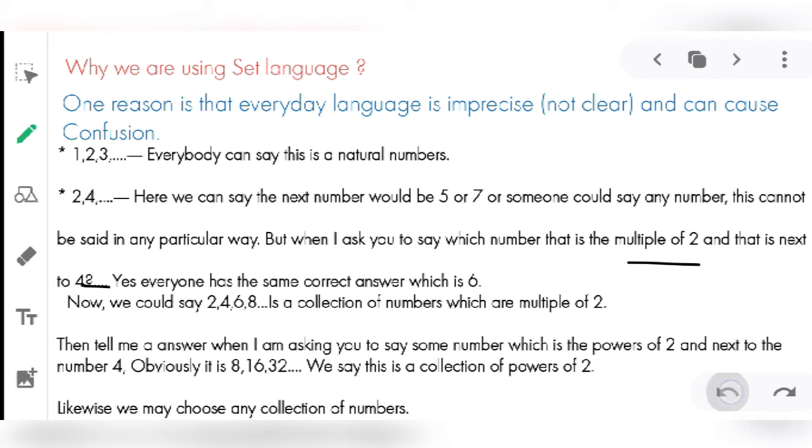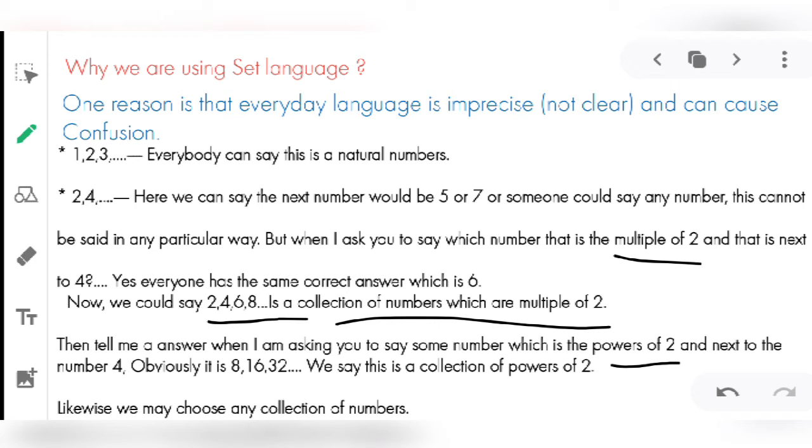So likewise we can explain shortly as multiples of 2 or powers of 2 in a set. For example, if you are asked to make a collection of numbers which are multiples of 2, we can say like this: 2, 4, 6, 8, etc. are the collection of numbers which are multiples of 2.